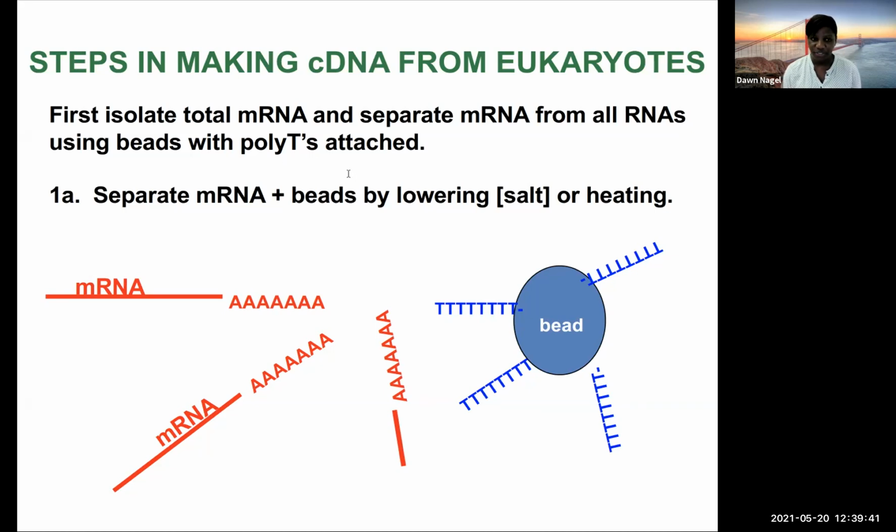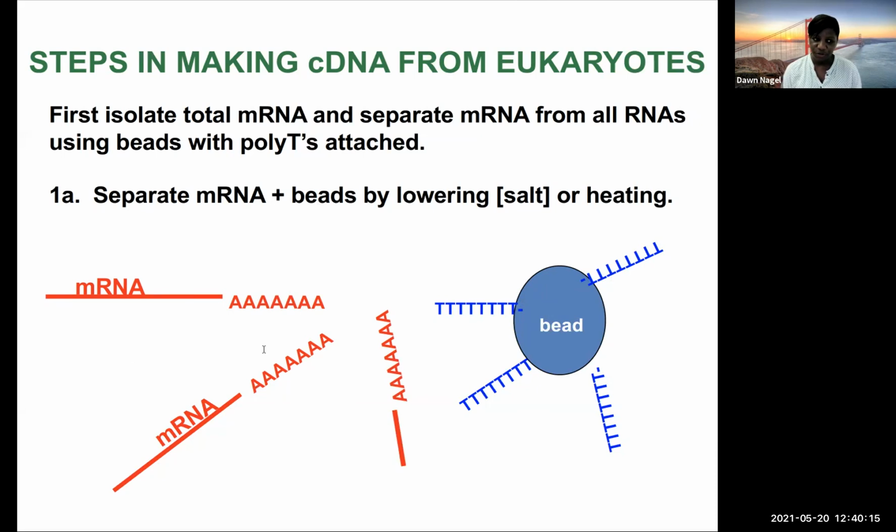The most common way that we go about doing this is to use a bead. Attached to this bead are oligonucleotides with a string of T's. Okay, so you add this bead containing all of these oligonucleotides, and you mix it with your RNA, and it will bind to the A tails and extract all of those messenger RNAs with the polyadenylated tails at the end.